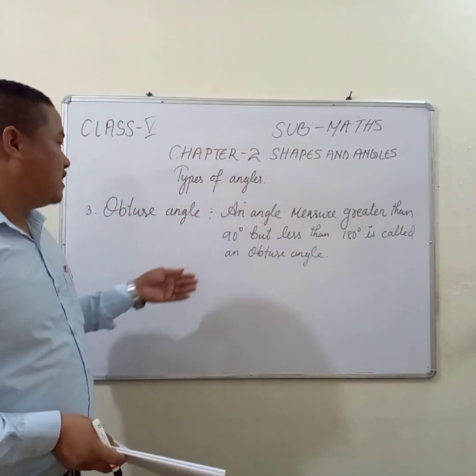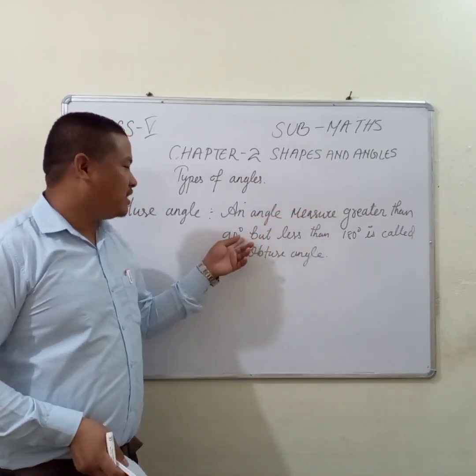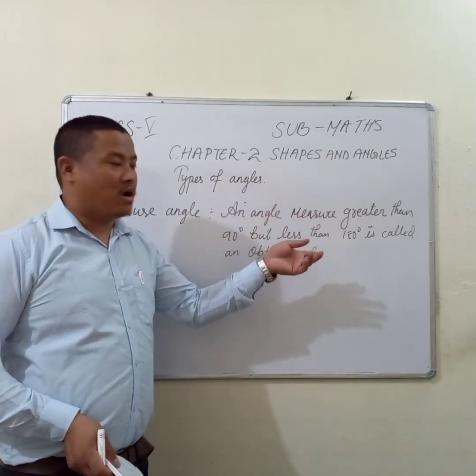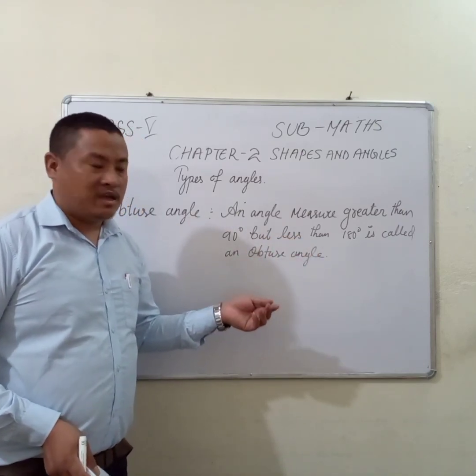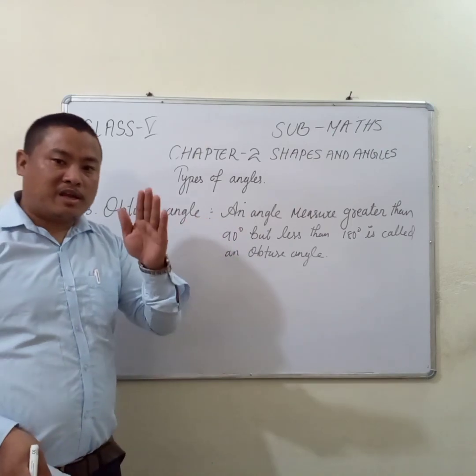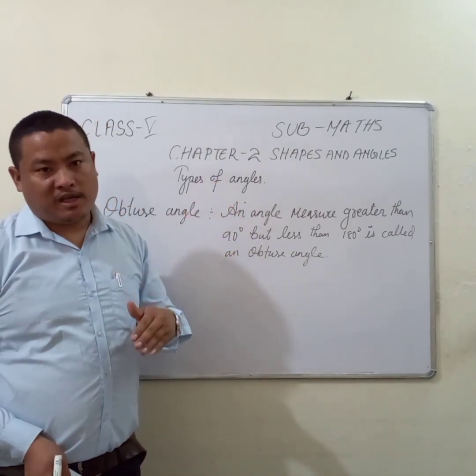See children, an angle measure greater than 90 degree but less than 180 degree is called an obtuse angle. Okay, the angle will be greater than 90 degree but it will be less than 180 degree.